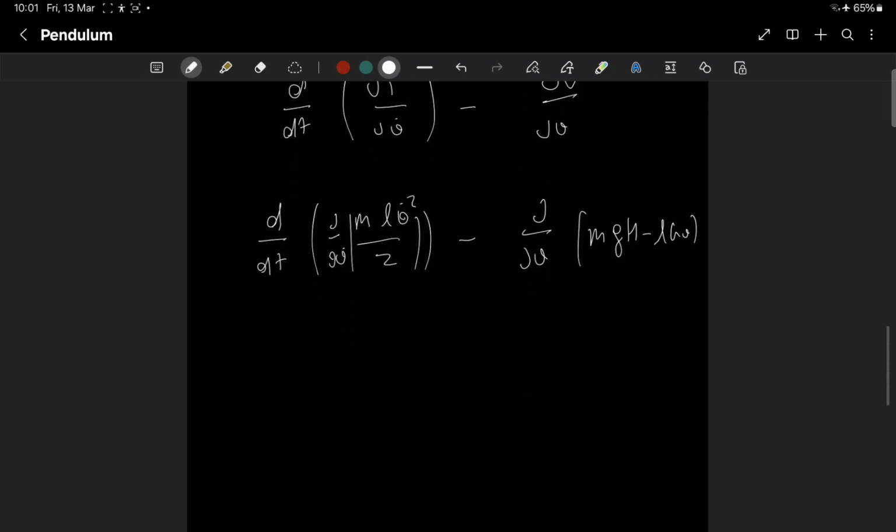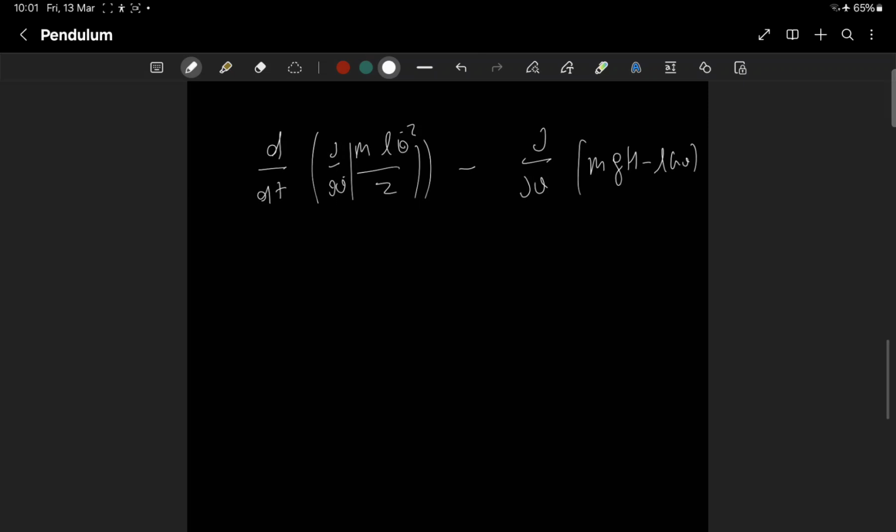Here m and L are both constants and 2 is also a constant, so we don't need to consider it.